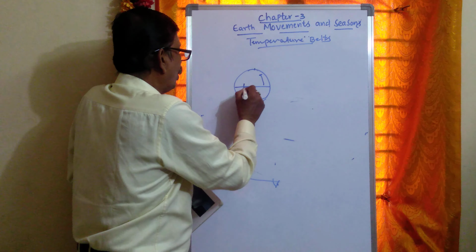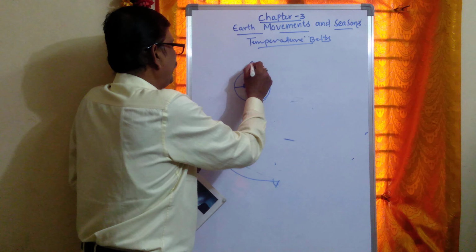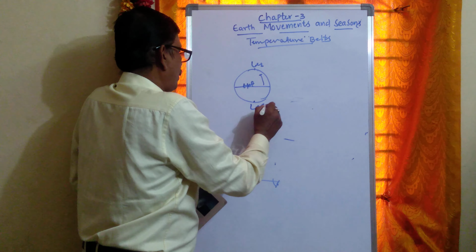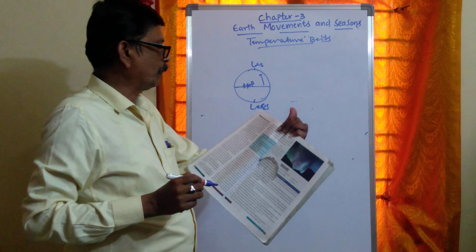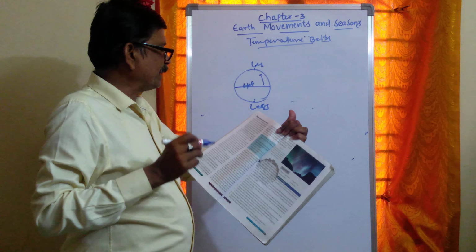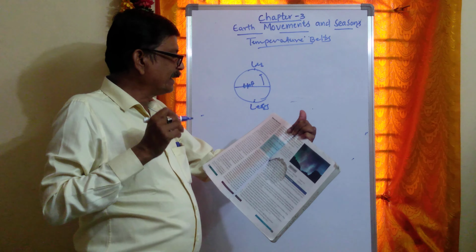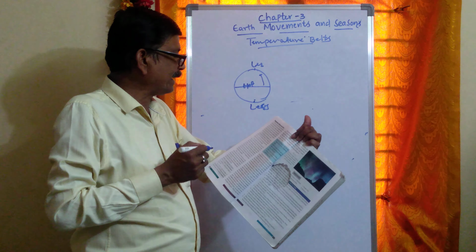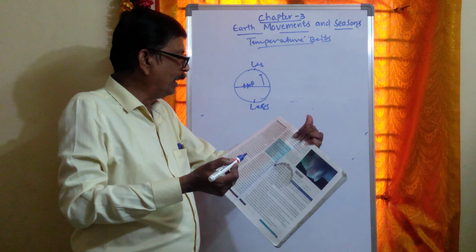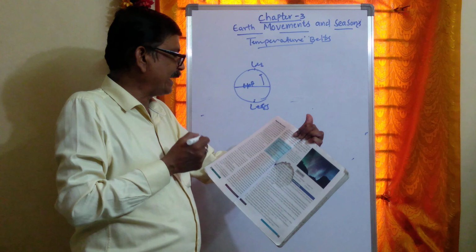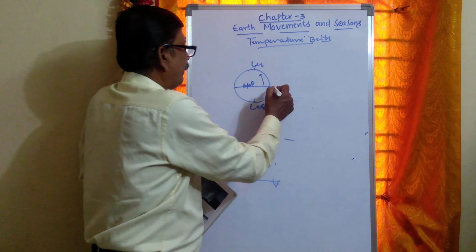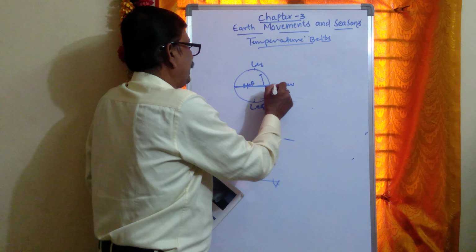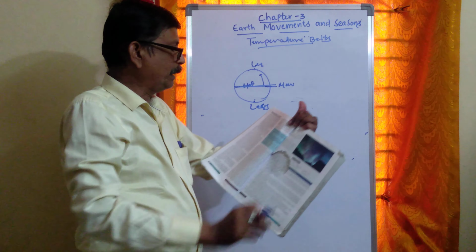So here it is more hot, here less heat, toward the pole region that receives the sun's rays at an angle. As a result of the tilt of the axis, the area which faces the sun directly keeps shifting throughout the year. In March, the sun shines directly over the equator. In the month of March, near the equator, the sun directly falls.